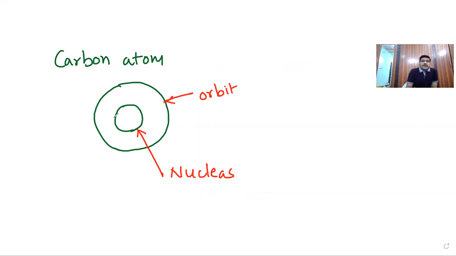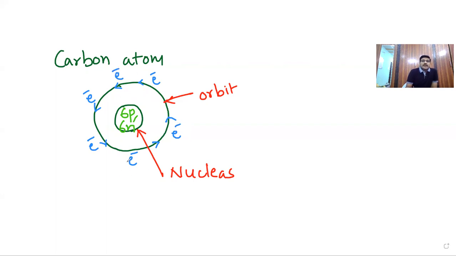Now, in the nucleus there are protons, so 6 protons and 6 neutrons. And around the nucleus, in the orbit, electrons are negatively charged, and these electrons are moving in the orbit. All these are the electrons.